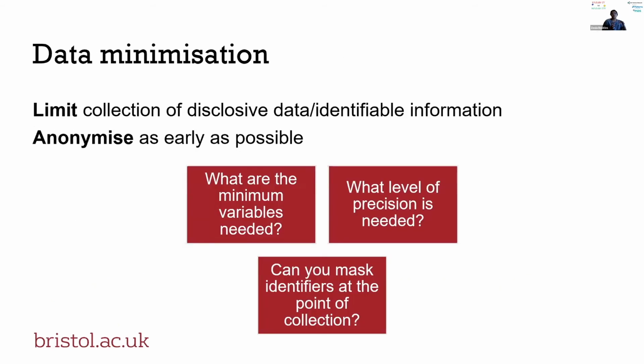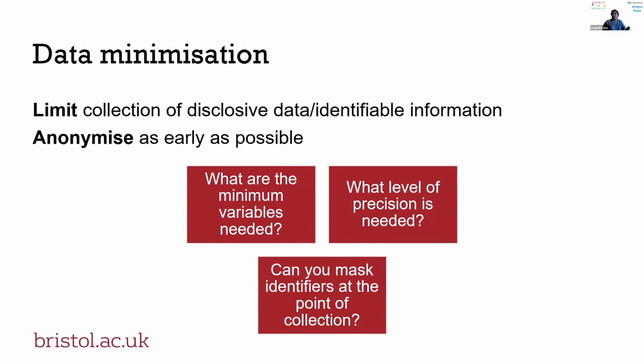Okay, so the other way to manage risk to participants is through data minimisation. So this is the idea of limiting the data that you collect, the amount of identifiable information you collect, and anonymising it as early as possible in order to reduce the amount of potentially disclosive information you hold.